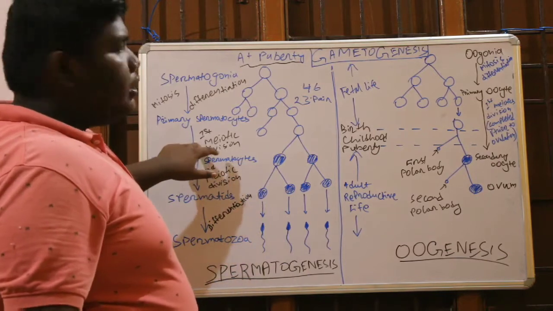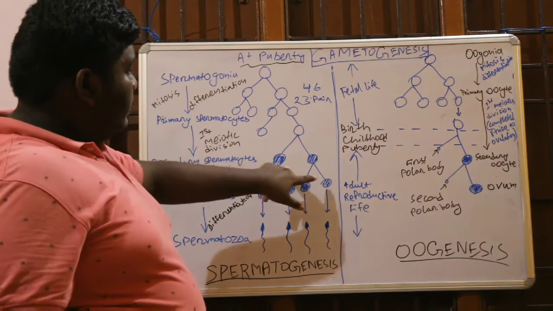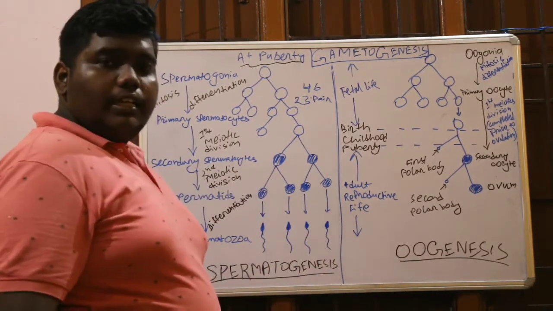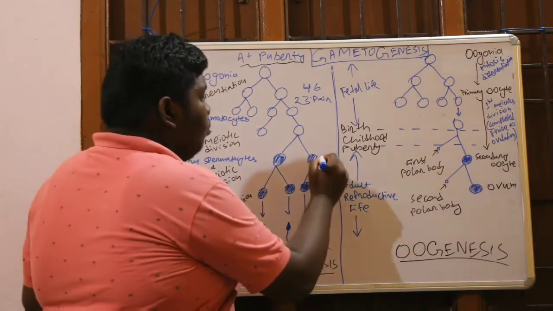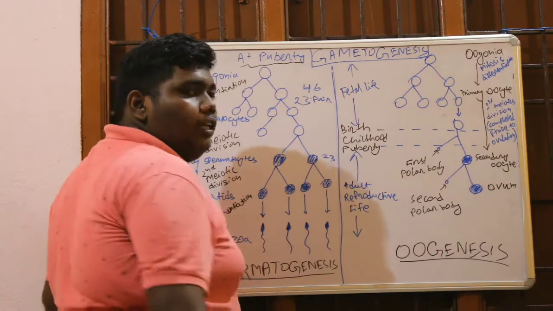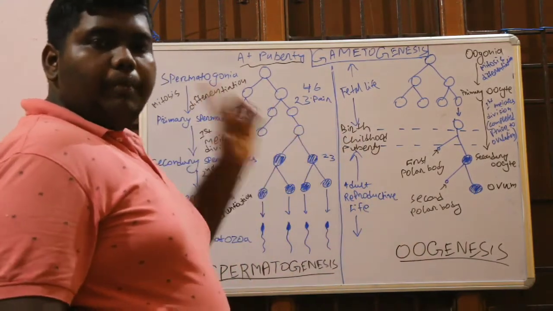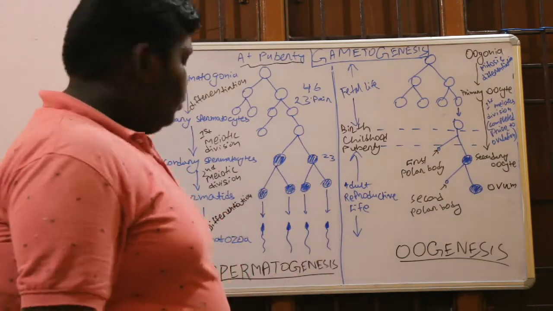But after the first meiotic division, when the secondary spermatocyte is formed, the secondary spermatocytes are haploid. That is, they have only 23 chromosomes. There is no pair. One chromosome from each pair is taken.